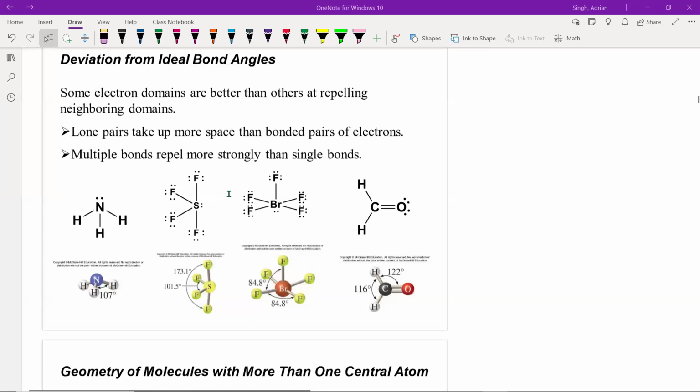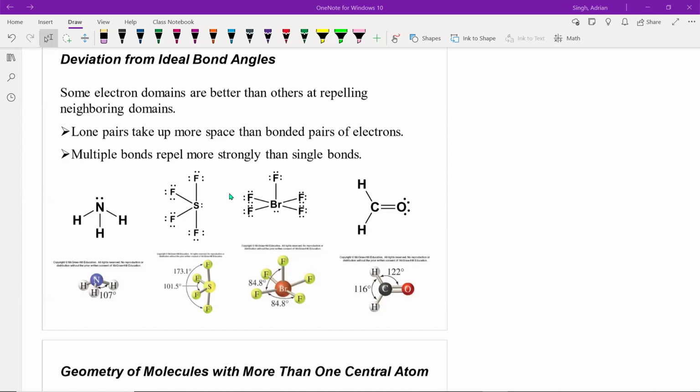Okay, so now that we have an idea of how to approach predicting the molecular geometry based on the electron group geometry, what we're going to see is that once we start introducing lone pairs around that central atom, in the molecule or in the ion, for instance, they will cause the ideal bond angles to be slightly different, or in some cases, moderately different than what is predicted.